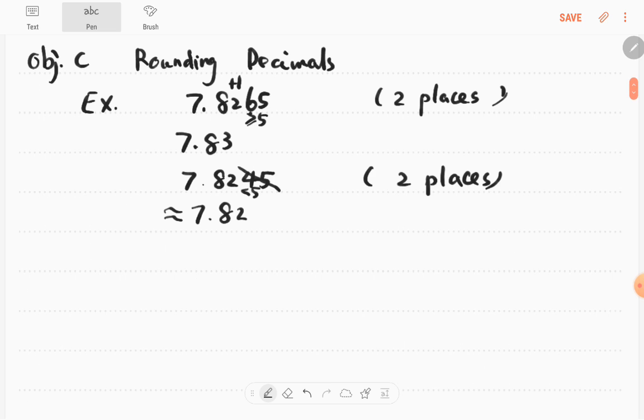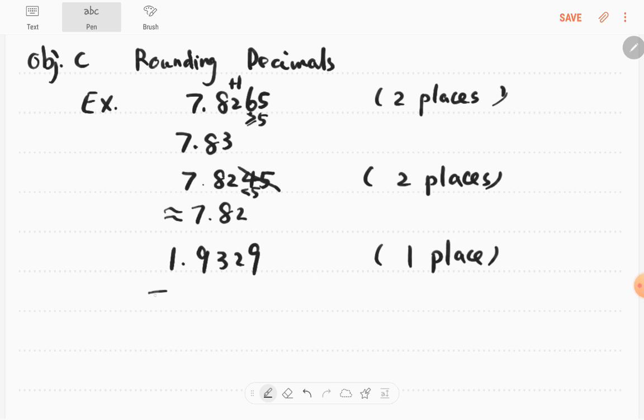Let's check another one. If we want to round this decimal to the nearest 10th, which means we only need to keep 1 decimal place, right?